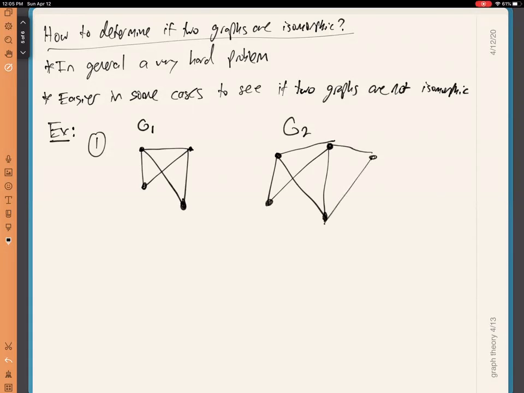If I asked you to determine whether or not these two graphs are isomorphic, there's a very easy way to do this, because notice that G1 has 4 vertices and G2 has 5 vertices, right? And so they can't be isomorphic, because you can't have a bijection between a set of cardinality 4 and a set of cardinality 5. So you can just see by inspection, by comparing the number of vertices, that two graphs are not isomorphic. They need to have the same number of vertices.